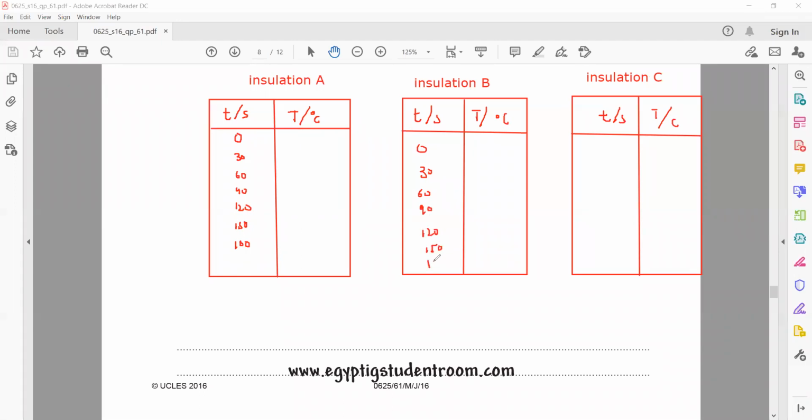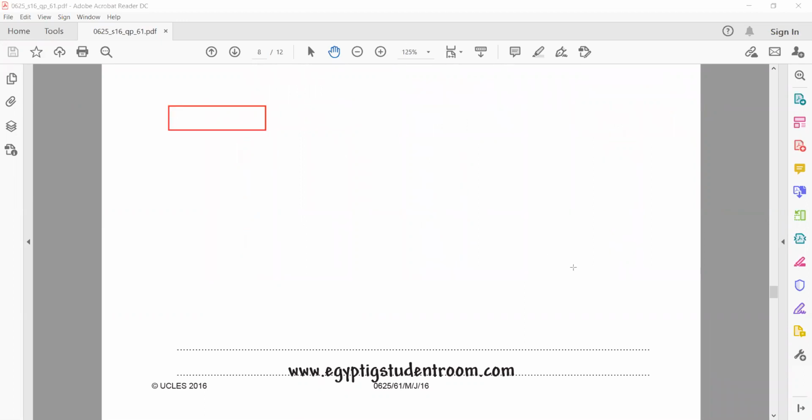But you don't have to write any value for temperature. Why not? Because you are not doing the experiment, you are just explaining how the experiment can be done. Ninety, 120, 150, 180. Or you can merge them as one table, not one column.